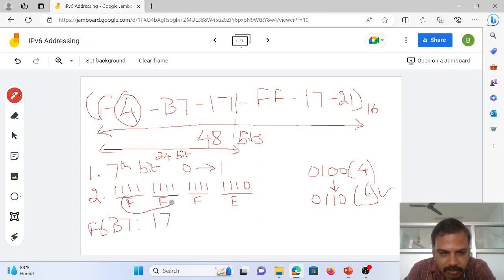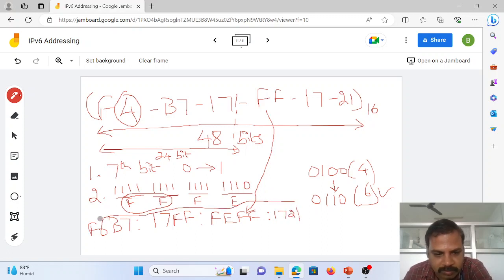Take these two F and add them with this 17, so that we have 4 hexadecimal numbers in a section. Then take this next FE. And what is the next number? FF. So this FF I am writing here. Then as usual 17, 21.